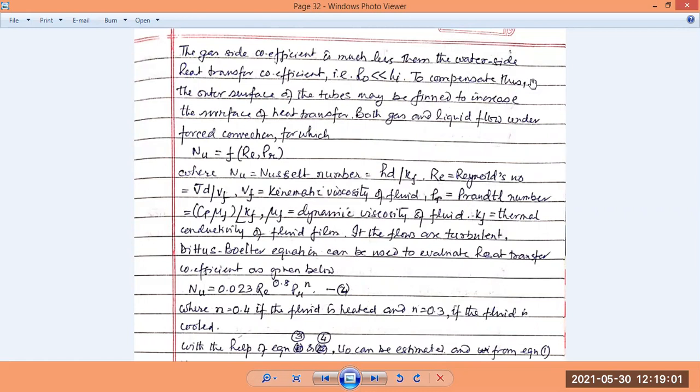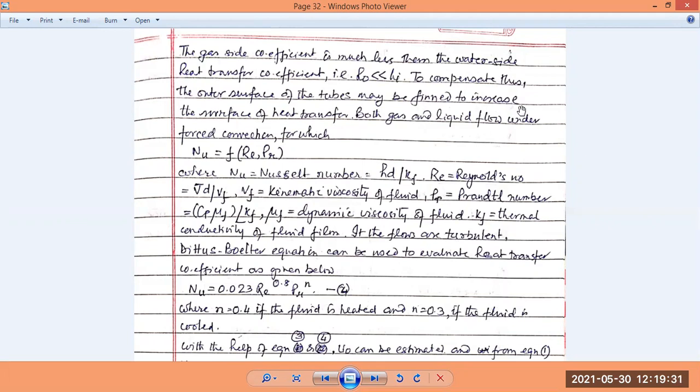Both gas and liquid water flow are forced convection, which is Nu equal to f of Re and Pr, where Nu is the Nusselt number, Hd divided by Kf, Re is the Reynolds number, Vd divided by Nu f, Nu f is the kinematic viscosity of the fluid, and Pr is the Prandtl number, Cp mu f by Kf. Mu f is the dynamic viscosity of the fluid, and Kf is the thermal conductivity of the fluid film.